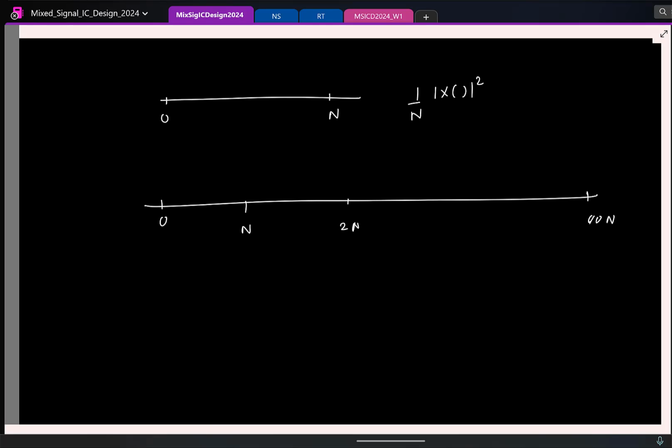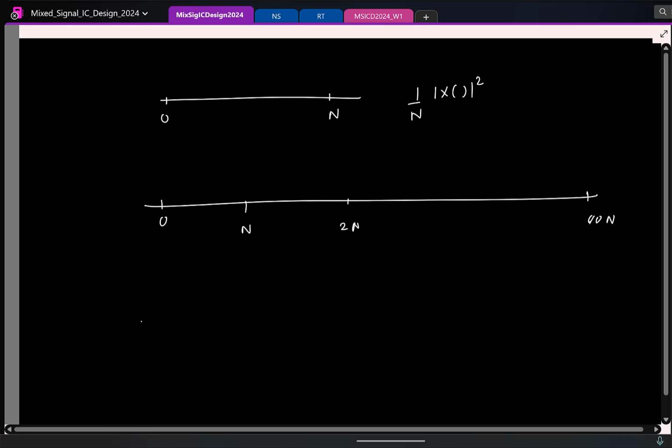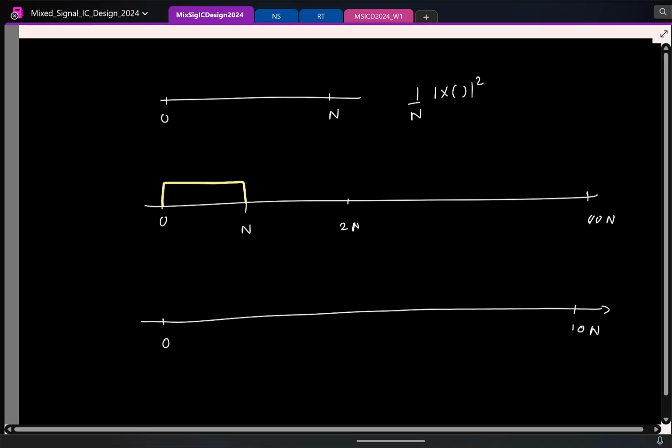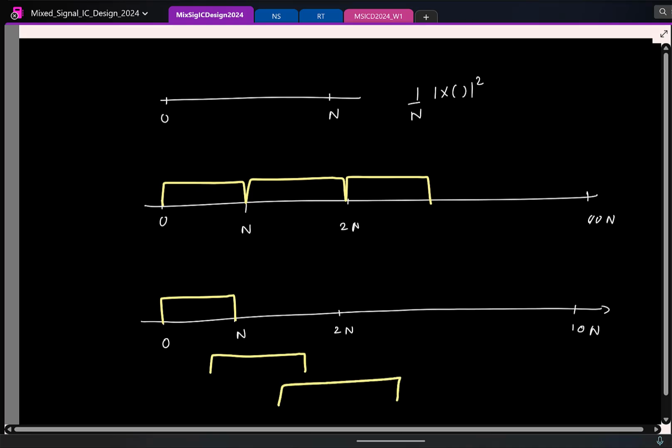Usually, to increase the number of segments for averaging, what we do in practice is this. See here, the first segment was this, the second segment was this, right? So instead of having it like this, you can also have an overlap between segments. That is, I can choose this as my first segment, second can be this, third can be this, and so on.